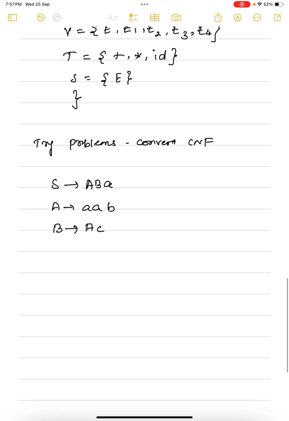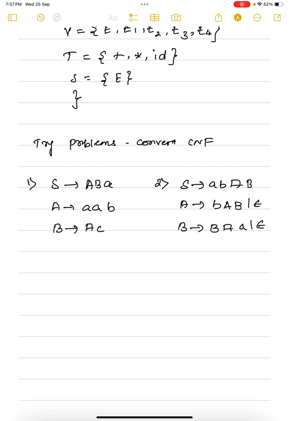That is the first problem. Second problem is S goes to ABAB, A goes to BAB or epsilon, and B goes to BA or epsilon.